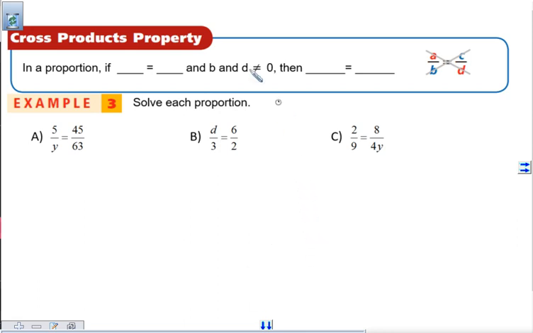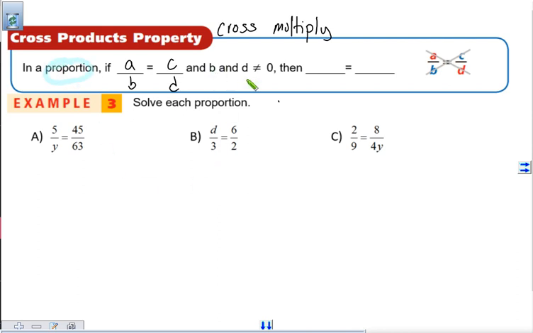Next up, cross product or cross multiplication. Cross multiply. You take two ratios, so A over B and C over D. And when you set up two ratios and they're equal to each other, it is called a proportion.